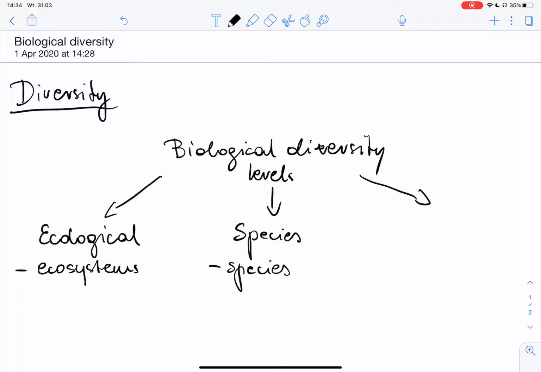And we also have the genetic diversity, and we are talking about differences among the same species.